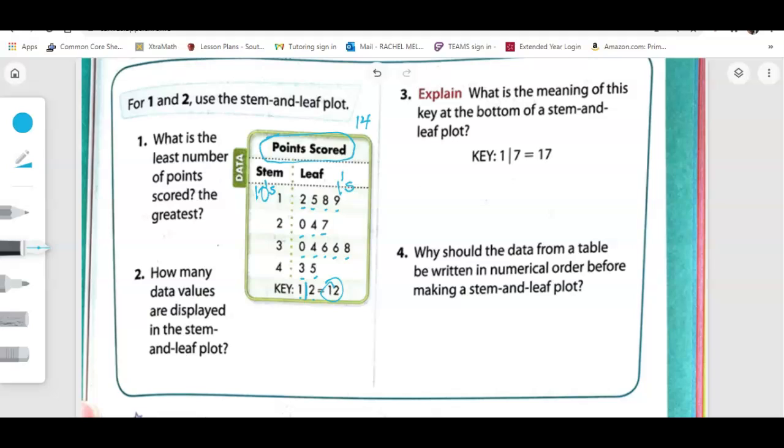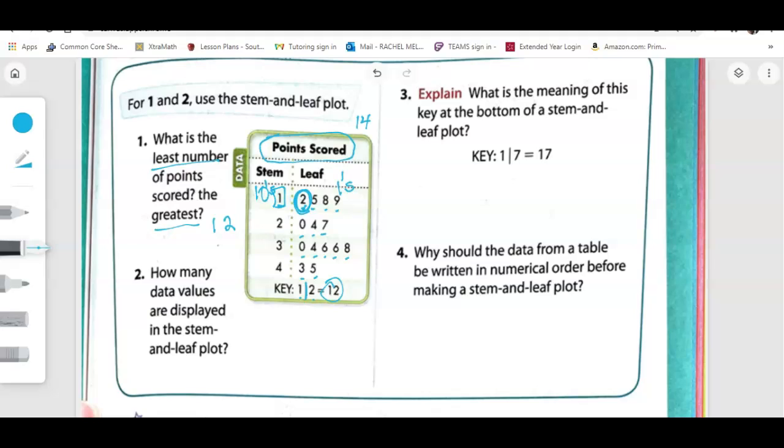They're asking me, what is the least number of points and what is the greatest? When I'm looking for the least, remember I'm on the lowest stem, and then I go to the very lowest leaf. So my lowest, if there's a 1 in the tens place and a 2 in the ones place, is 12.